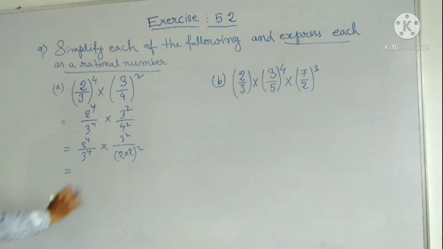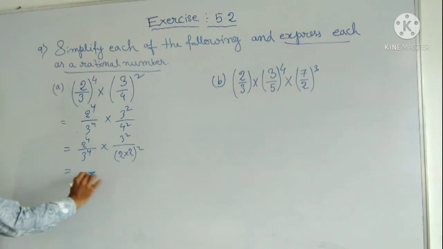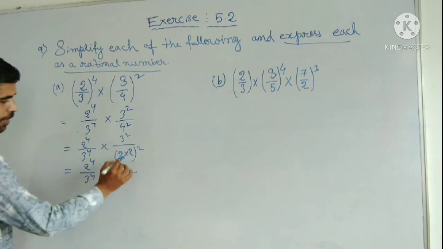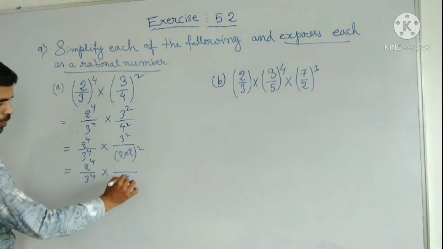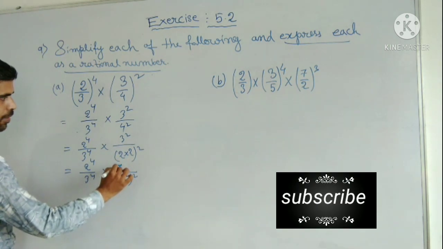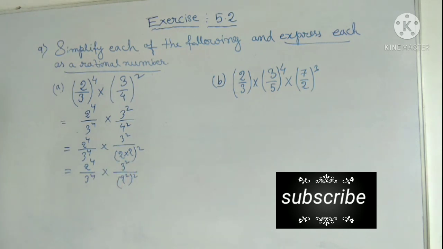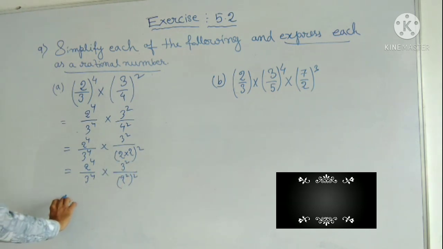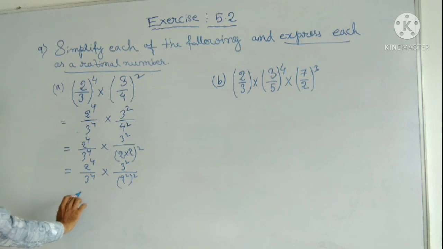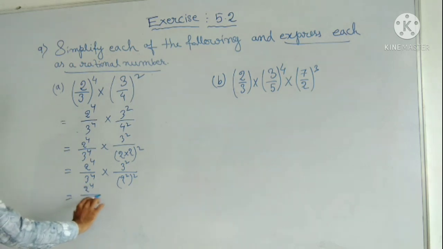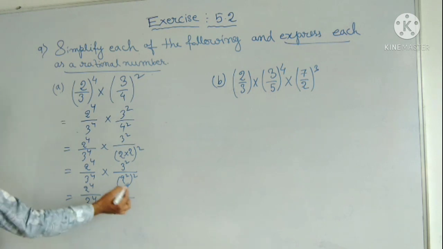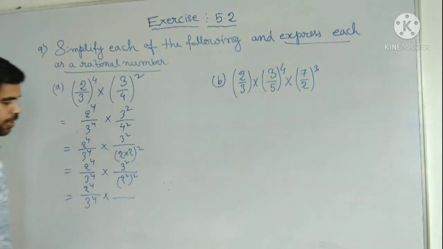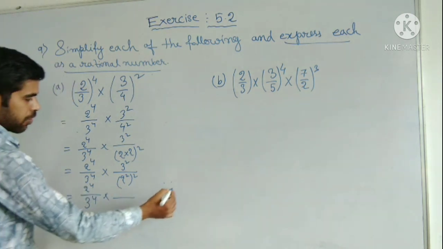Understood? And then here 2 to the power 4 and 3 to the power 4, and there 2 square, and there is 3 square, right? For the next part we will use the exponential laws, the laws of exponents.